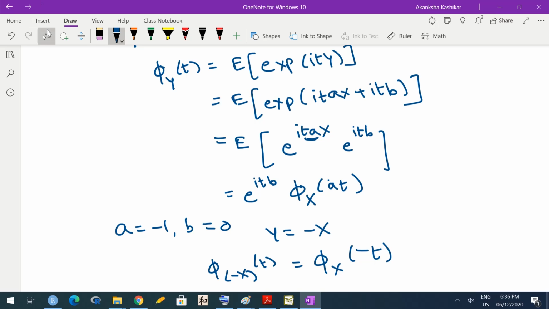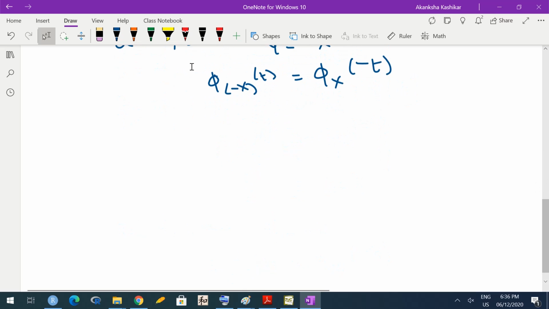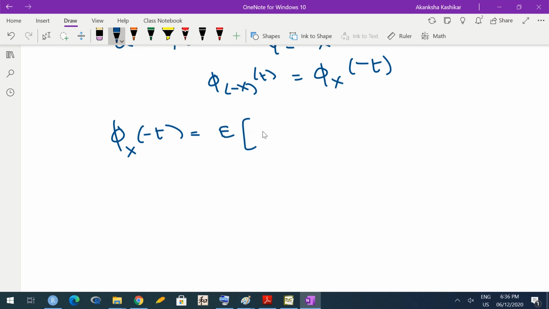And what is phi X at -t? It would become expectation of cos(-tX) plus i sin(-tX).